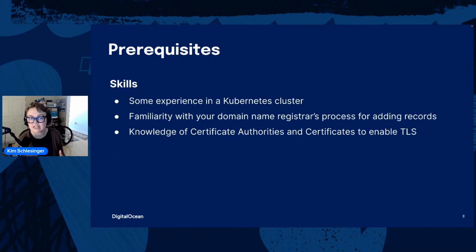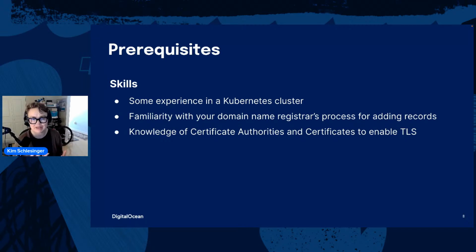And then in terms of knowledge and skills, you'll be best served if you have some experience with a Kubernetes cluster. So if you've done a getting started with Kubernetes tutorial, or you've been working with Kubernetes as a developer and you've used some kubectl commands, you want to have some concept of Kubernetes. You also want to have some familiarity with your domain name registrar's process for updating records.